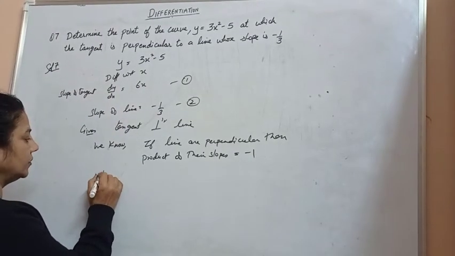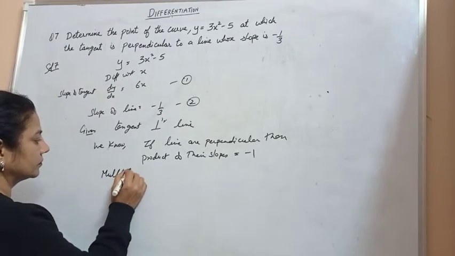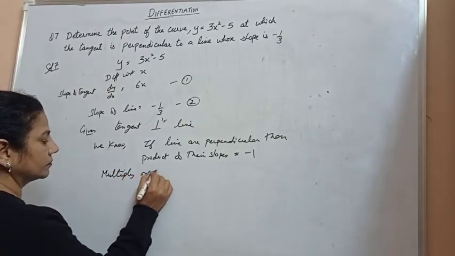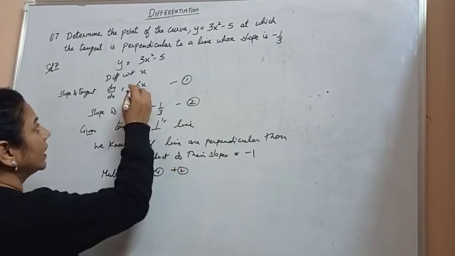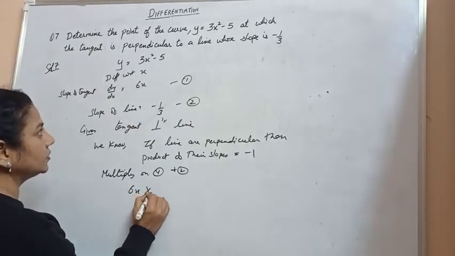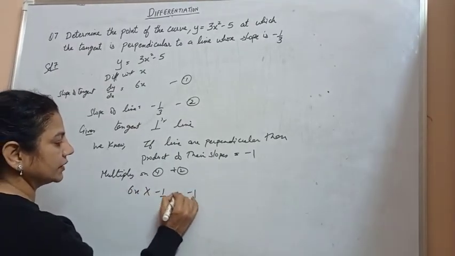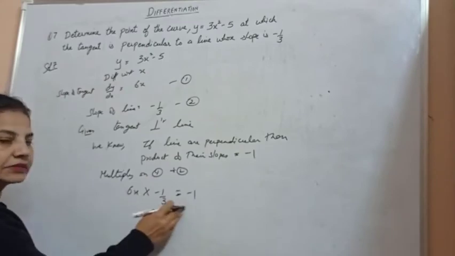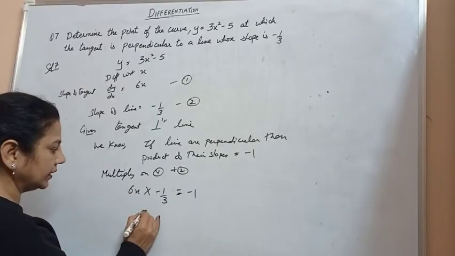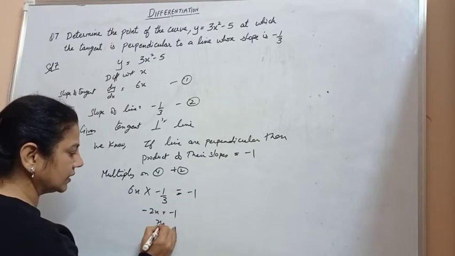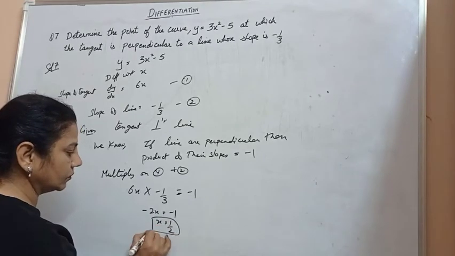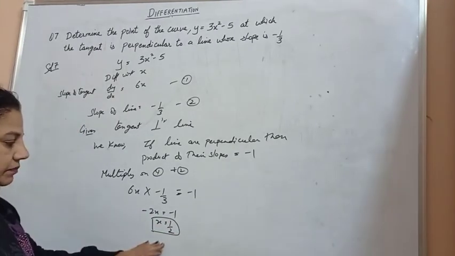Multiply equation 1 and 2. I get 6x into minus 1 by 3 is equal to minus 1, because the product of slopes is minus 1. So on calculating, minus 2x is equal to minus 1, x is equal to 1 by 2.